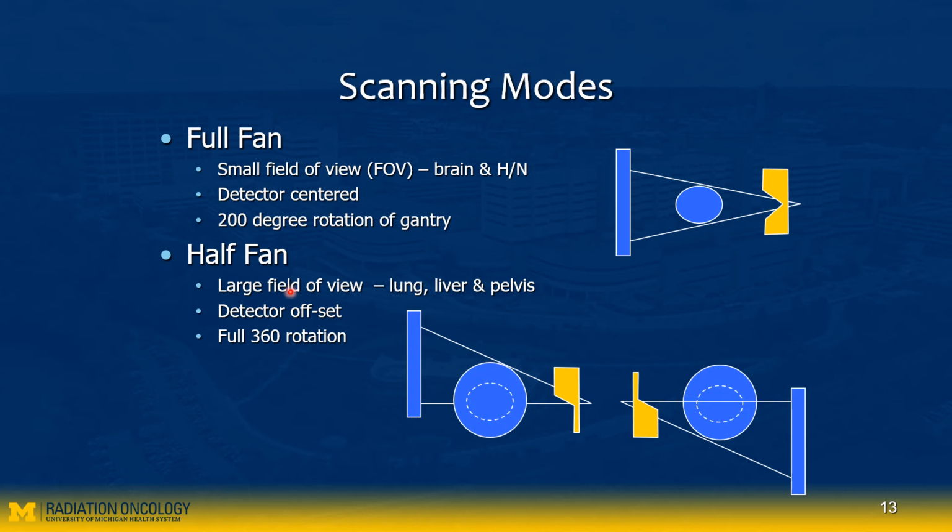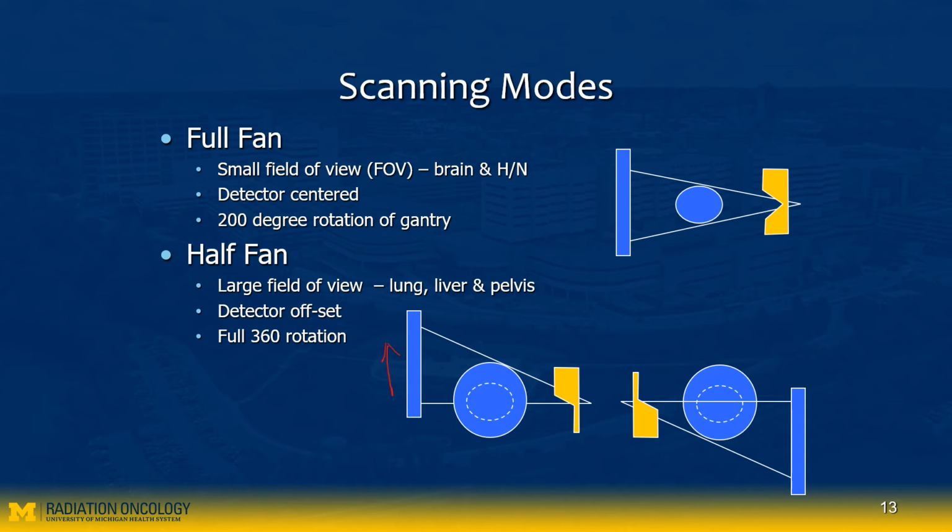But we have another option, which is a half fan. Half fan is used for a larger field of view, such as lung, liver, pelvis. So in this setup, if you mode up from full fan to half fan, the detector panel will slide to the side to capture half of the patient, and it is using only half of the fan.